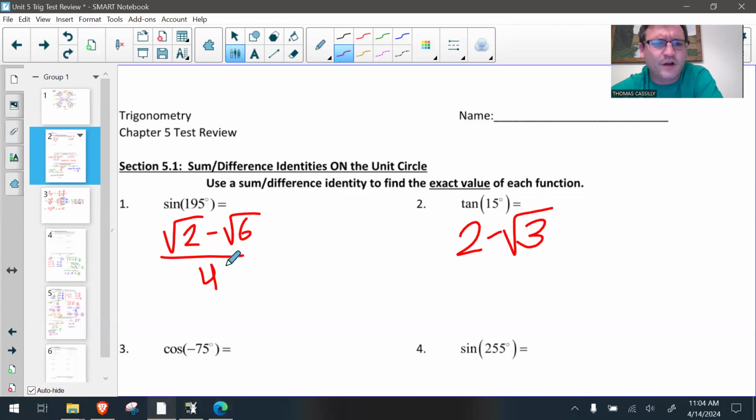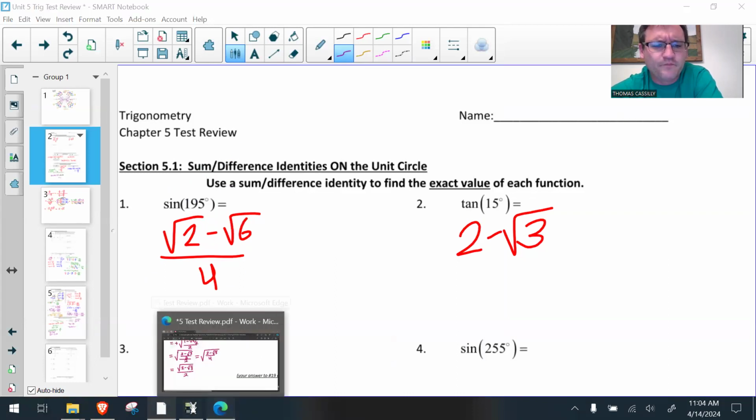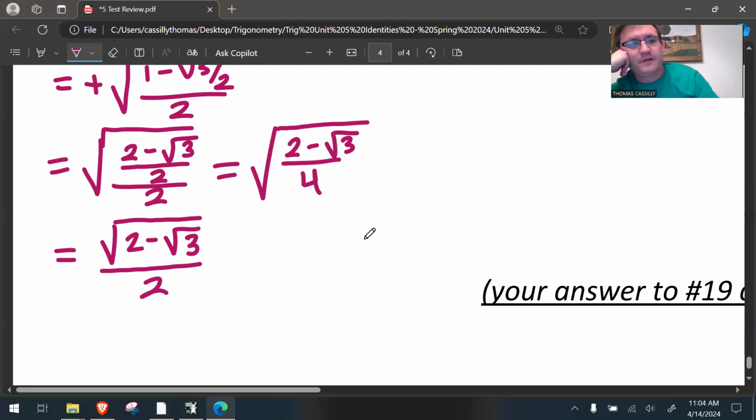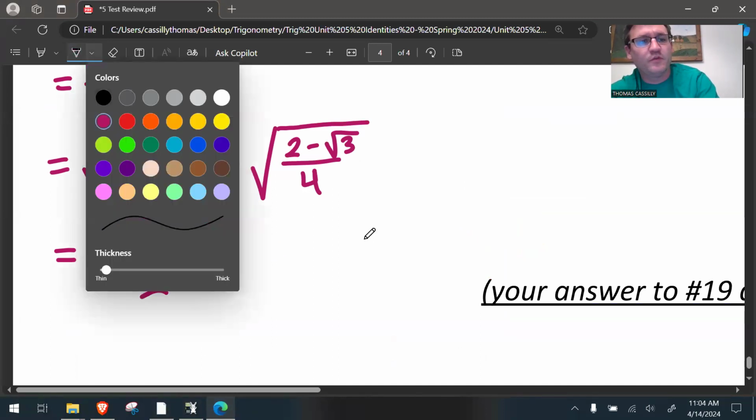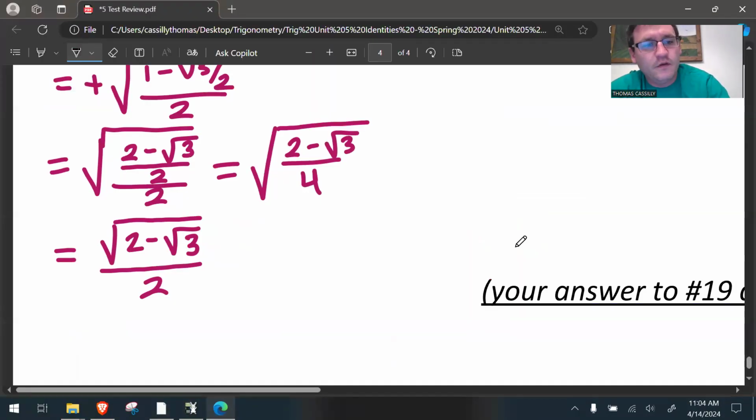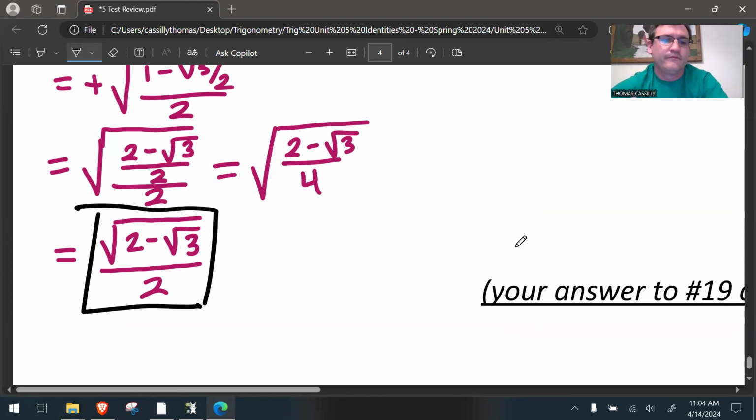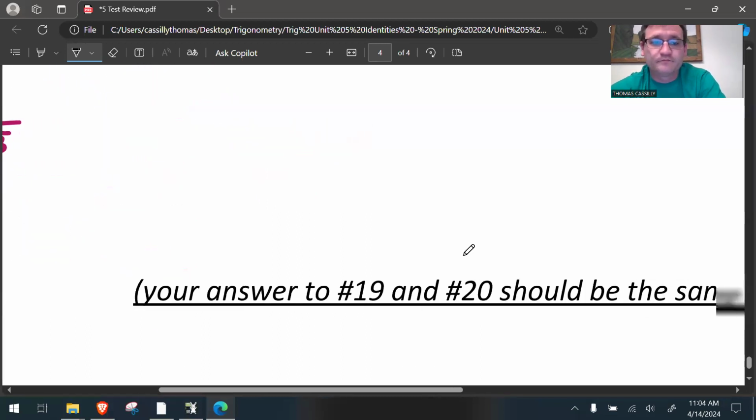This needs to be a positive number here. So I think we're good. All right, it looks different, but it ends up being the same decimal value. All right, so they do check out.